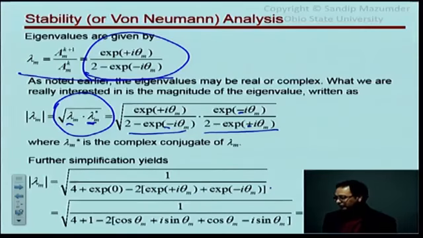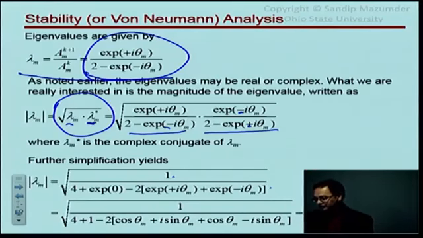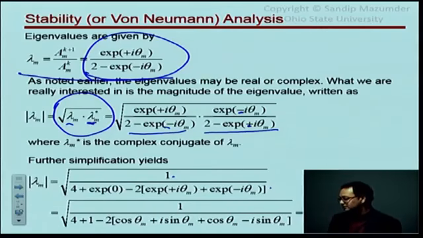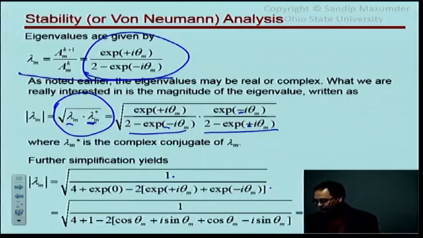So let's keep simplifying this. On the top, of course, the 2 e to the power i theta m and minus i theta m gives you a 1, and then in the bottom you just multiply that out. You get 4 plus exponential of 0 minus 2 times e to the power i theta m plus e to the power minus i theta m, which you expand as cosine theta m plus i sine theta m, cosine theta m minus i sine theta m.